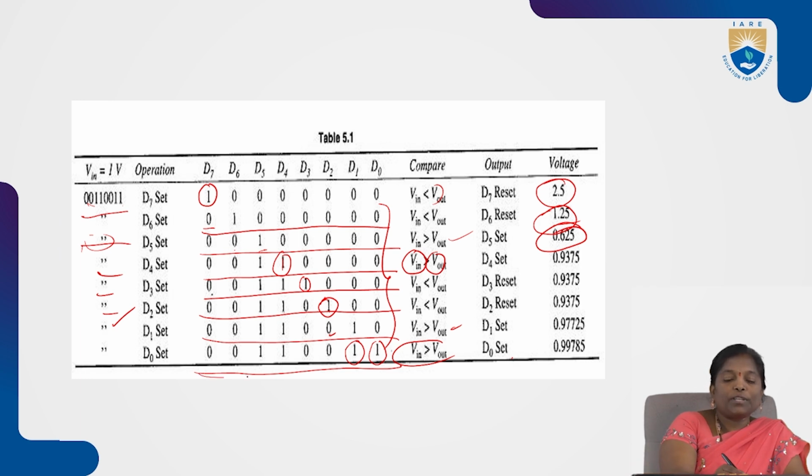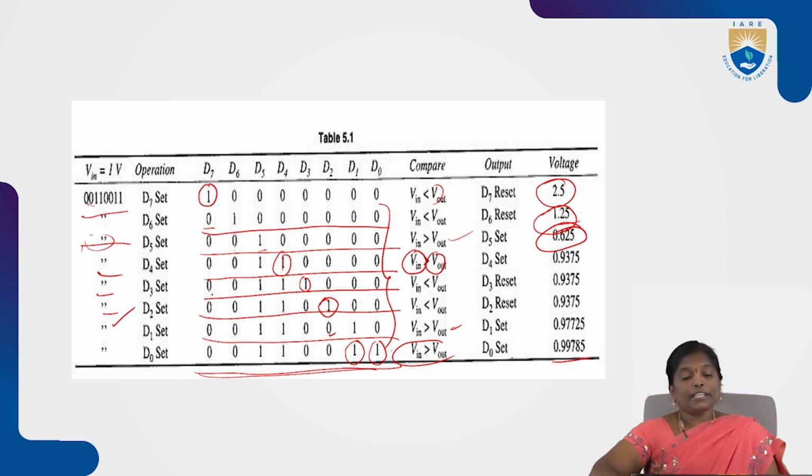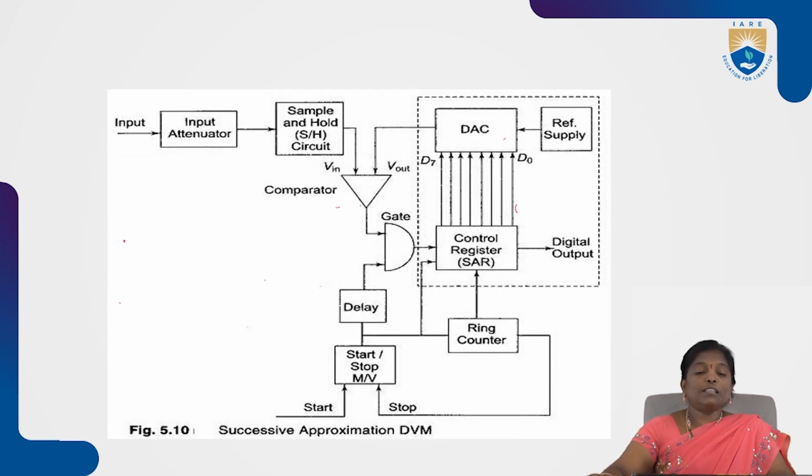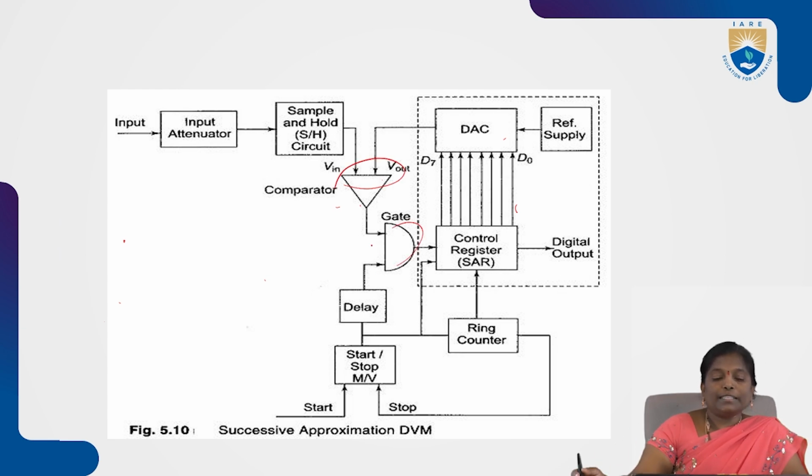Finally, after completion of this approximation, the output voltage becomes 0.99785. Finally, we are comparing that the input voltage and output voltage both are the same. Whenever input and output both the voltages are the same, then the gate will be opened.